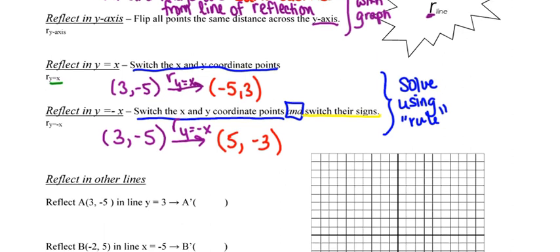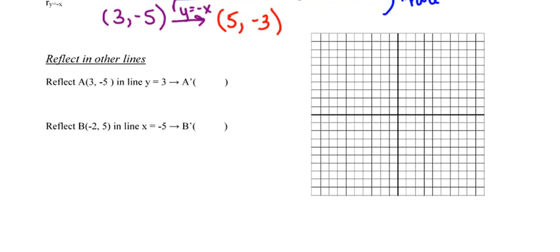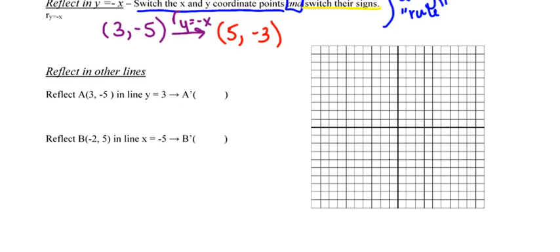Down at the bottom, it's talking about reflecting in other lines. Well, to reflect the point with coordinates 3, negative 5 in the line whose equation is y equals 3, this line is a perfectly horizontal line. So I would go ahead and graph that line. So y equals 3 is going to be that line right there.